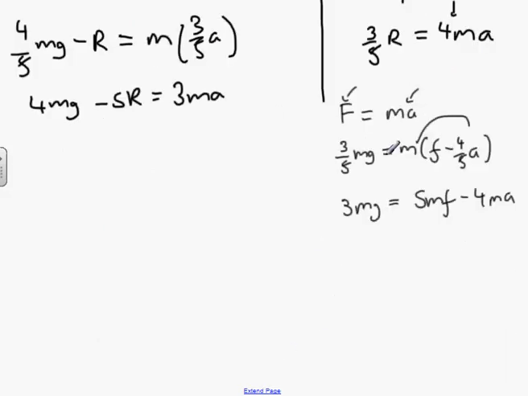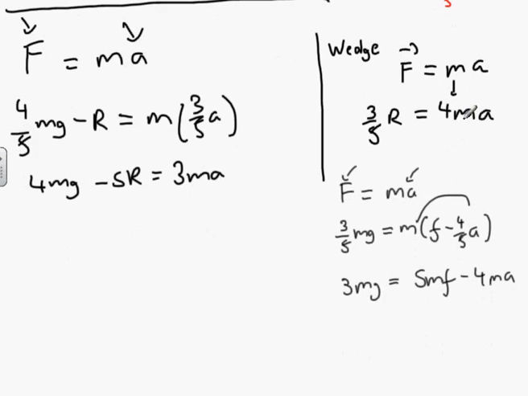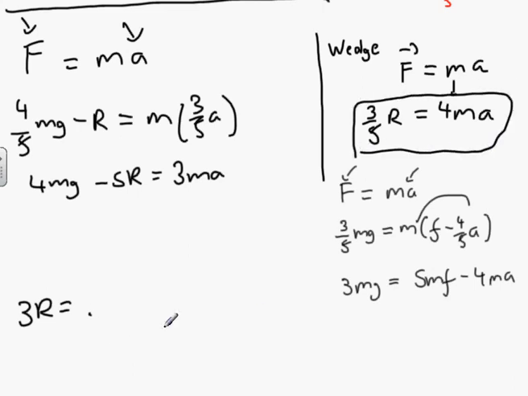Okay, I can't remember this one here, I haven't treated that one yet. So I'm going to multiply both sides by 5. We're going to get 3R equals 50 ma. Oh, sorry, 20 ma. Does everybody see that? Multiply this one here by 5 both sides. 3R equals 20 ma.